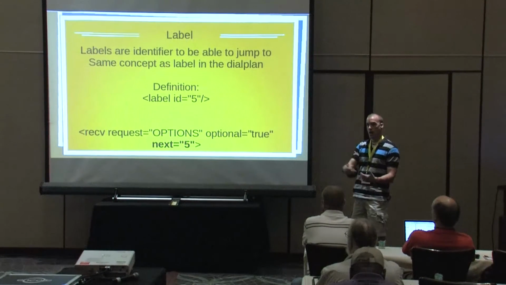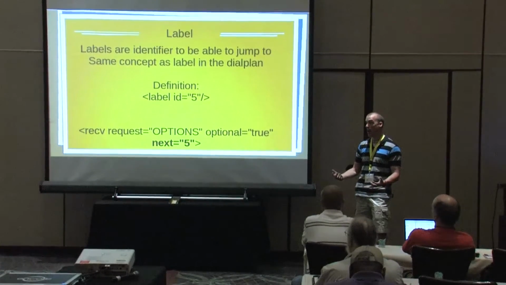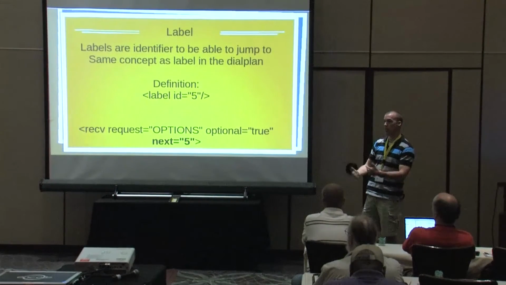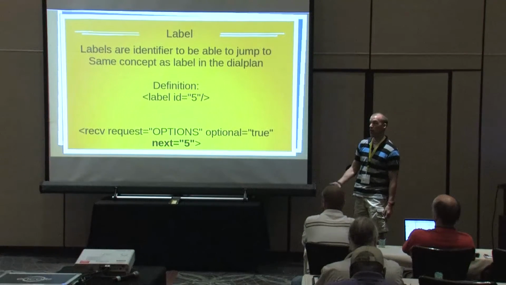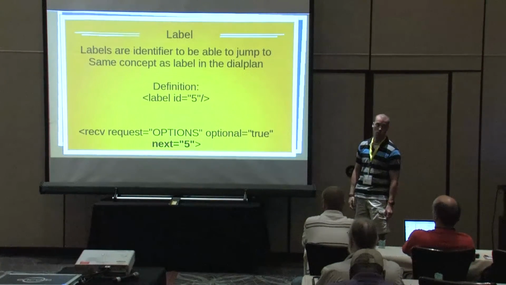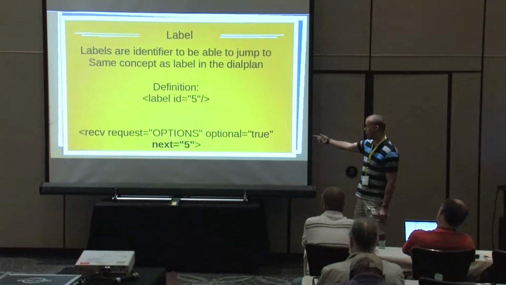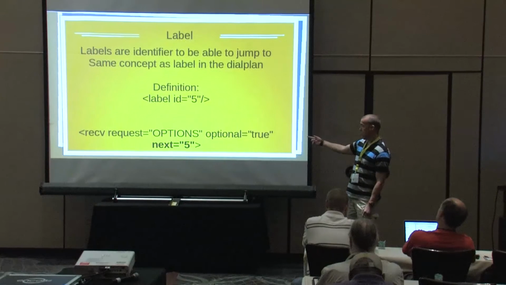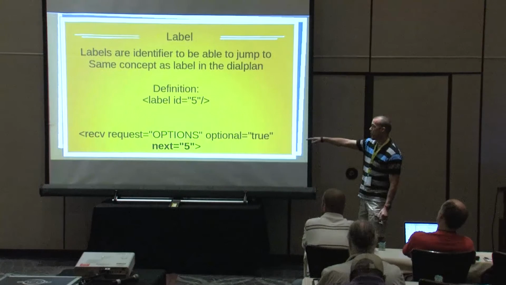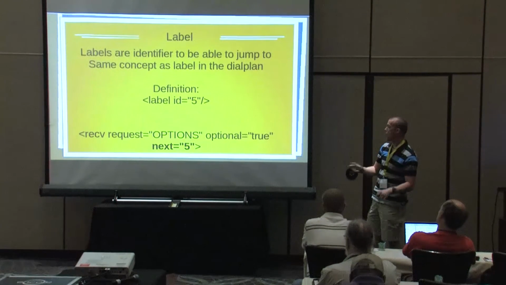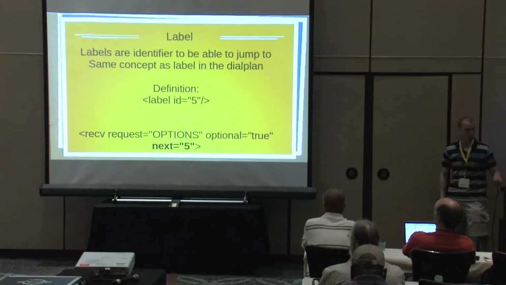So maybe in your scenario you said I will receive an INVITE, and because of that periodic timer you receive the OPTIONS, but your scenario will fail because you expect an INVITE and you finally got an OPTIONS. So you could specify optional true, which means maybe or maybe not, when I receive the OPTIONS. Next is the jump: I'm going to jump to label ID 5 that I just covered in that scenario.